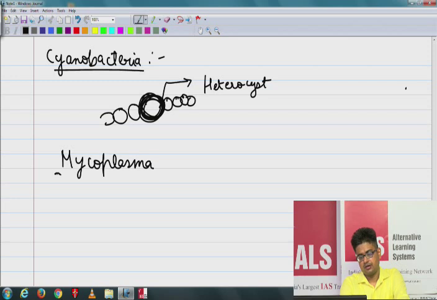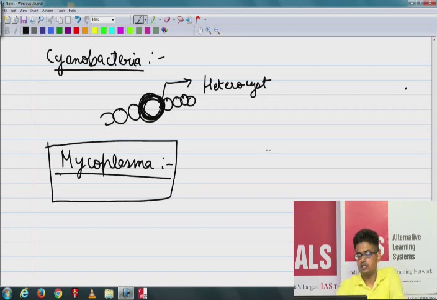Economic importance of bacteria, I'll give you a short list in the summary. Bacteria produce a lot of antibiotics. They are important in a lot of biological activities, harmful activities, useful activities, diseases also. We'll do that later. Now, mycoplasma is a part of kingdom Monera. It is something separate.